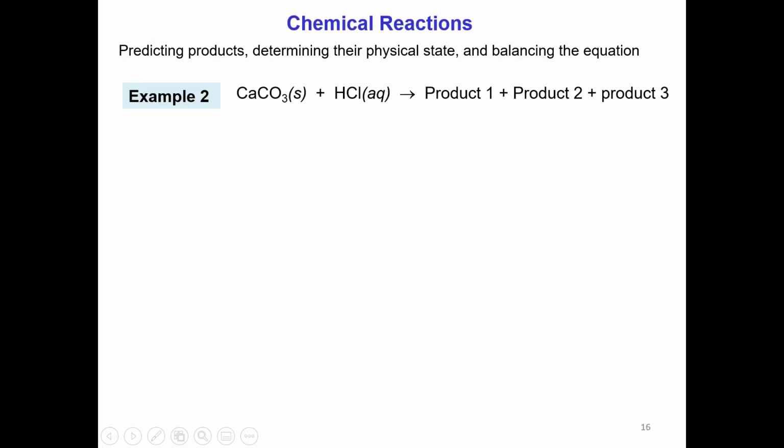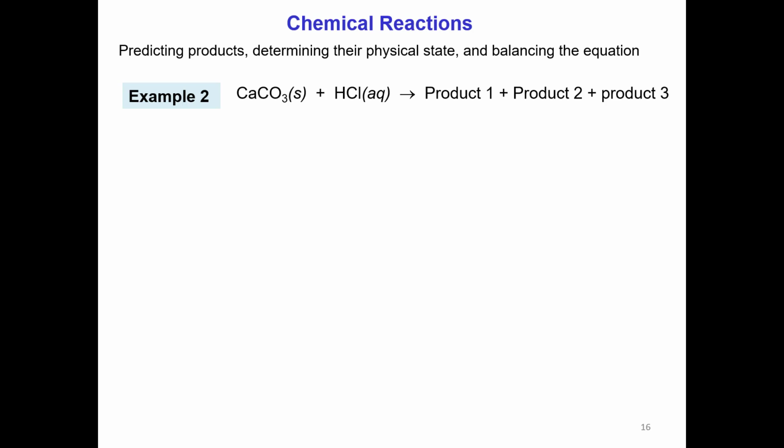Let's now move to the next example. In this case, we want to predict the products, find the physical states, and balance the equation if calcium carbonate reacts with hydrochloric acid. We expect 3 different products. Let's follow the 4 steps.